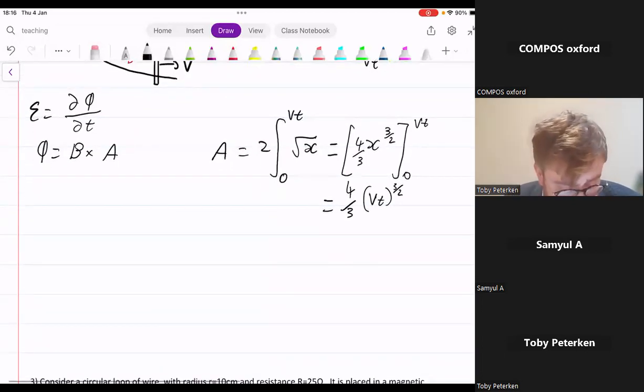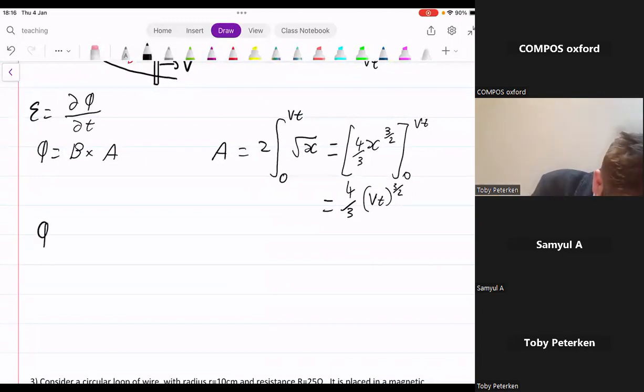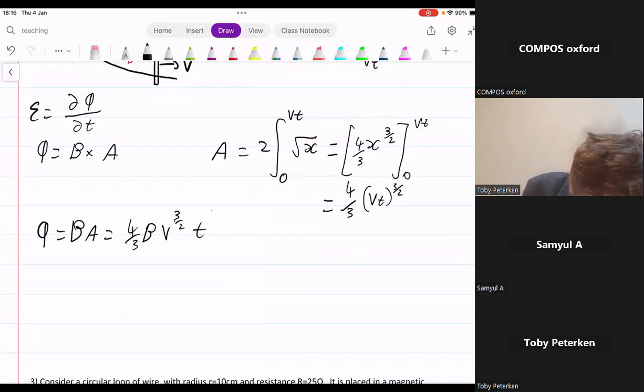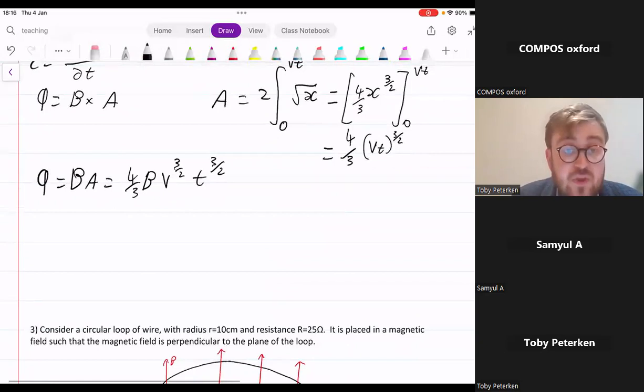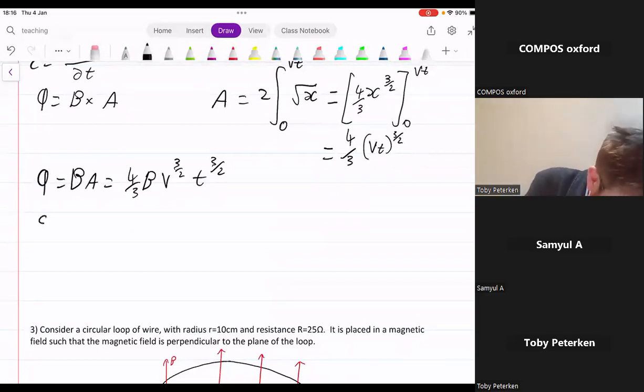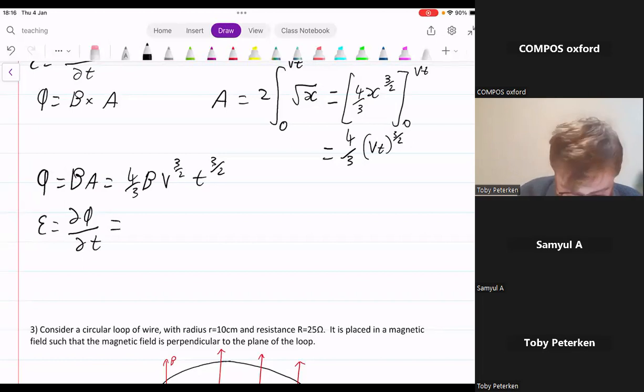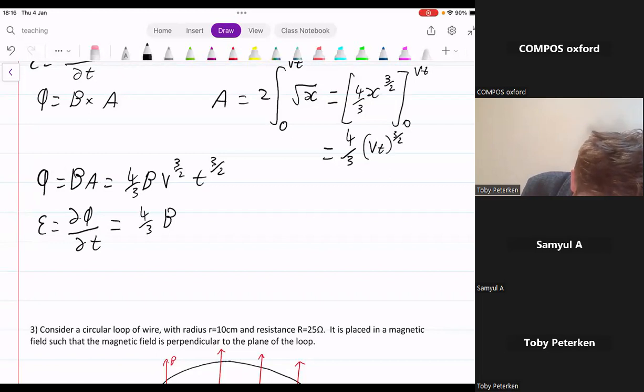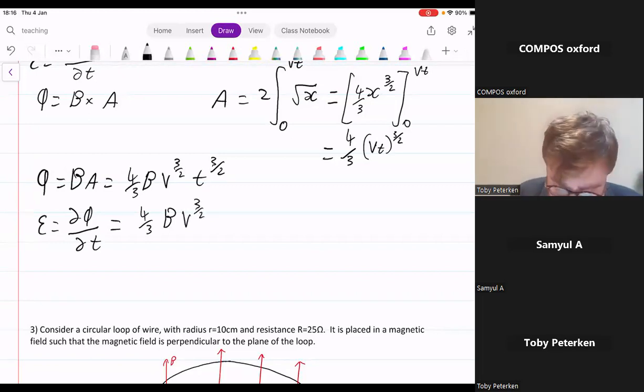Then we want the flux, which is equal to B times A, which is equal to 4 over 3 B v to the 3 over 2 t to the 3 over 2. And then we want the electromotive force, which is d phi by dt, which is 4 over 3 B v to the 3 over 2.